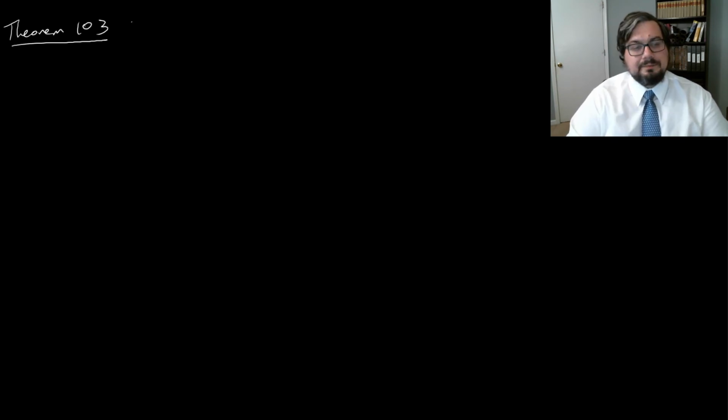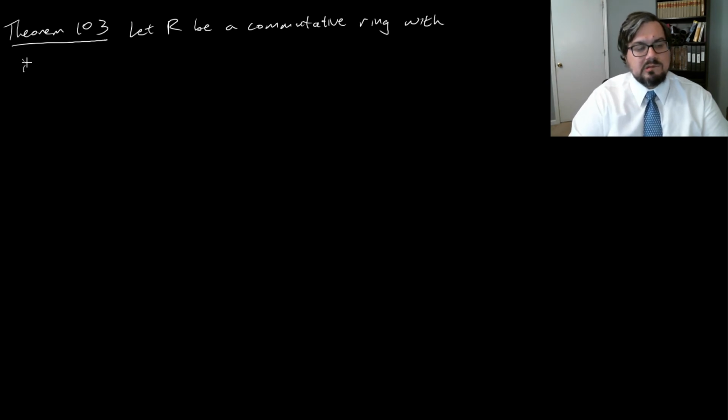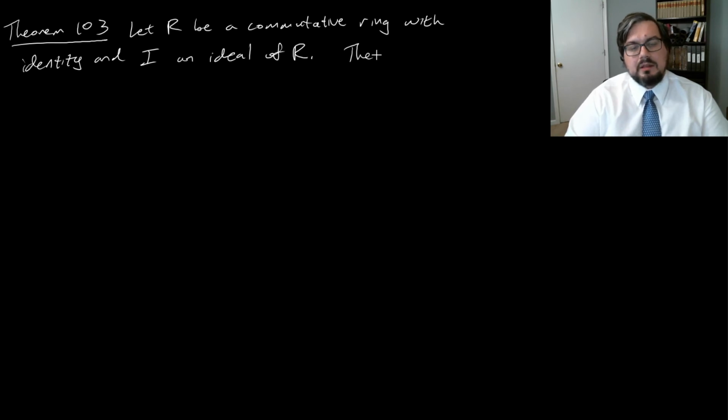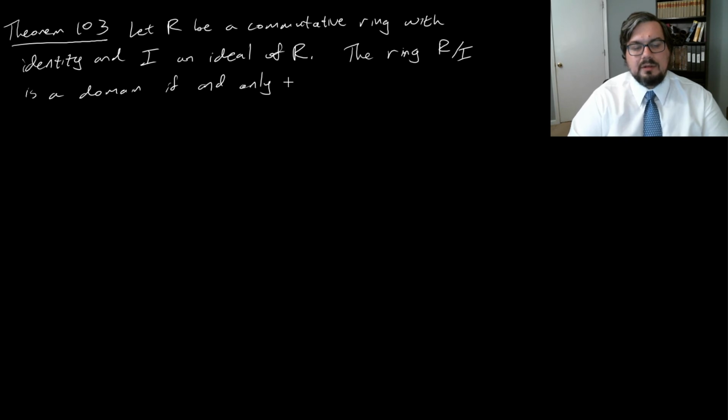So Theorem 103 says, let R be a commutative ring with identity and I an ideal of R. Then the factor ring R mod I is a domain if and only if I is a prime ideal.